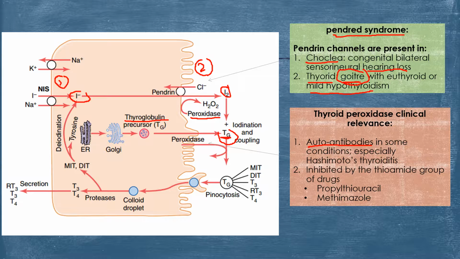Also, when we need to treat thyrotoxicosis, for example, if a patient has thyrotoxicosis, which is increased thyroid function, toxic hyperthyroidism, we will treat it with the thioamide group, which will inhibit the peroxidases. So it appears to be very essential for the formation of thyroid hormones.